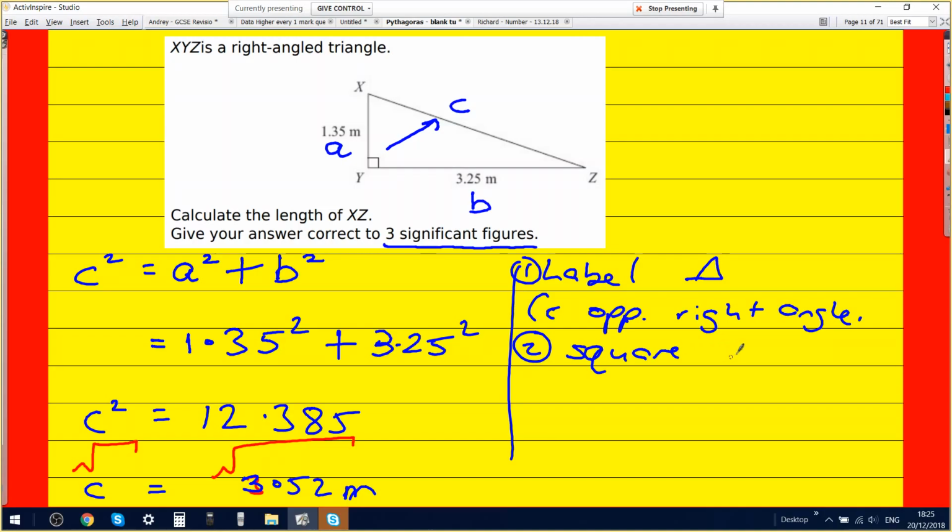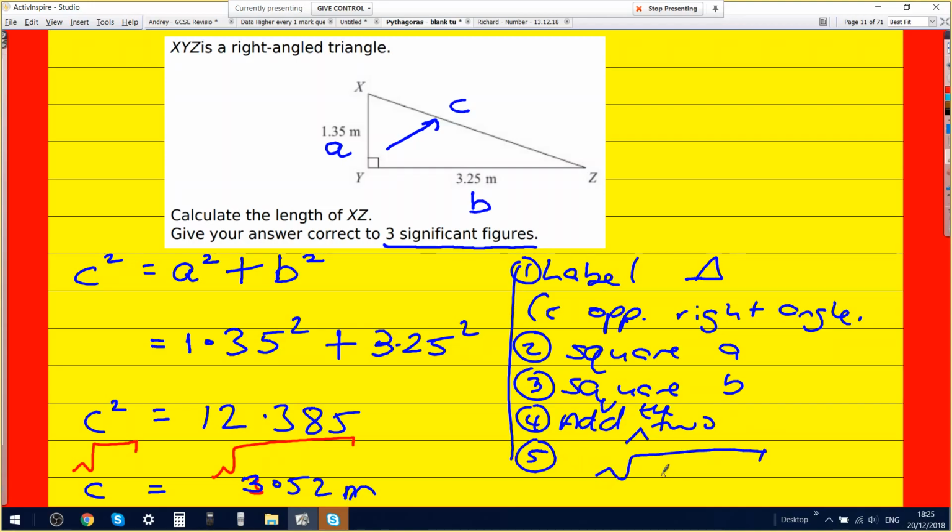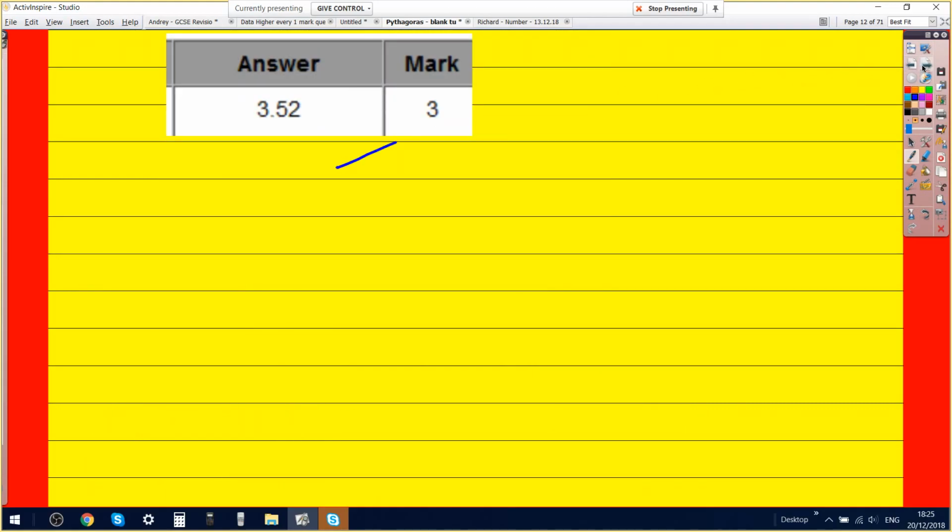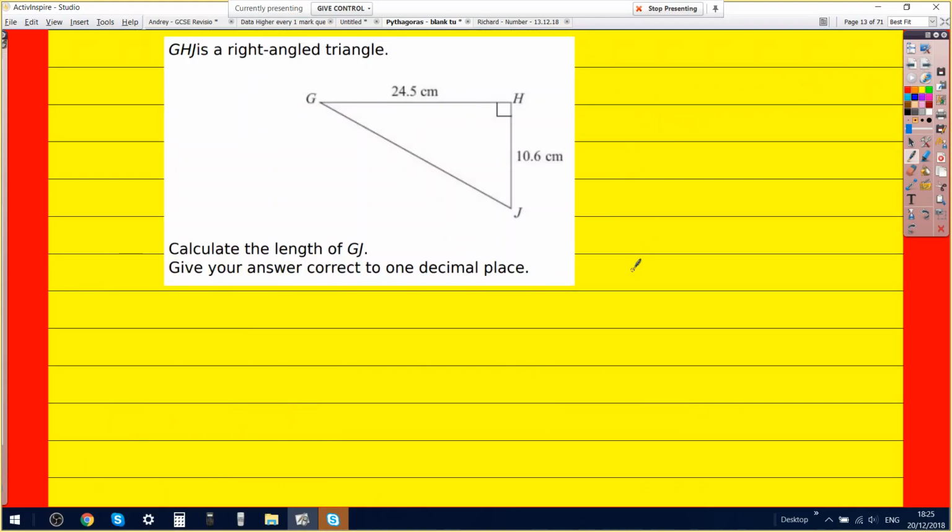Square A, square B, add the two, and then square root your answer. So square the first one, square the second one, add the two, square root your answer. Okay, that was 3.52, 3 marks. Okay, how about this one?